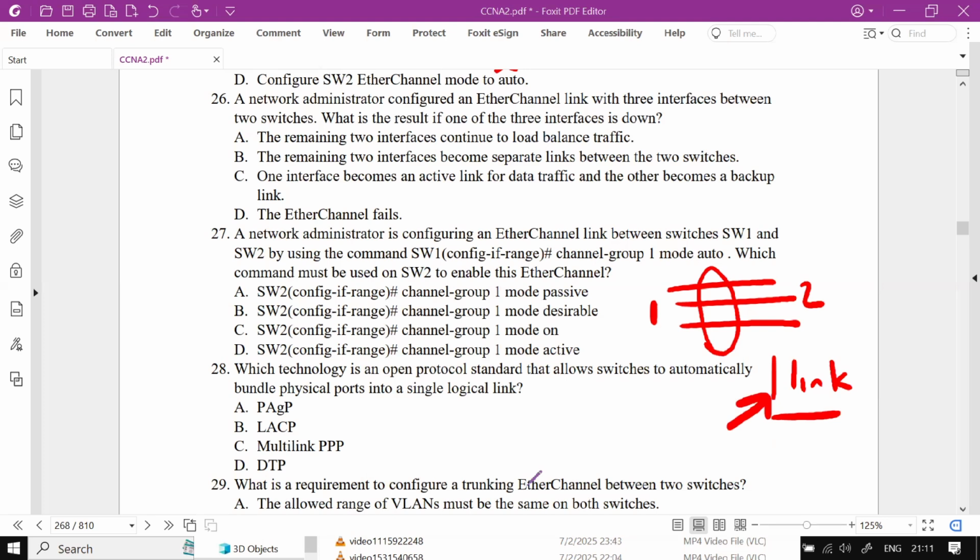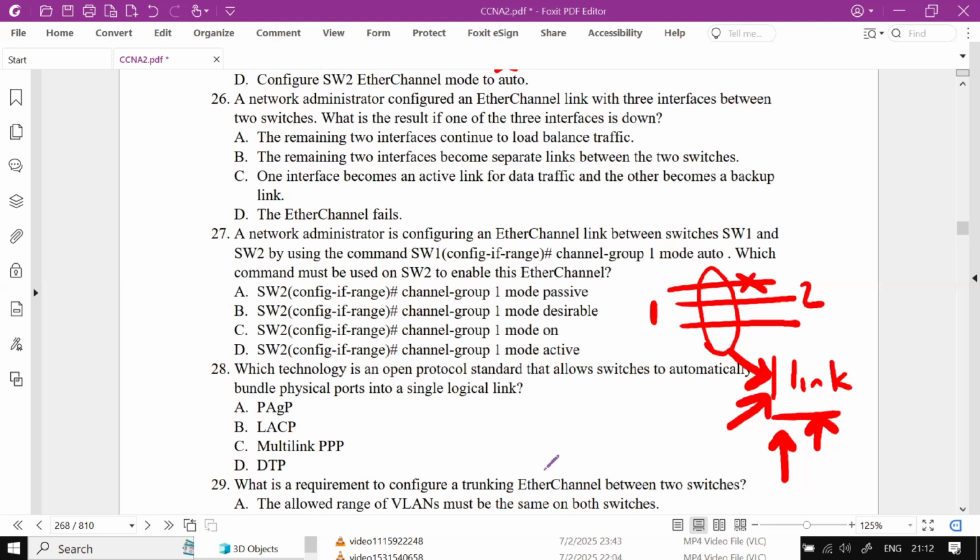In terms of redundancy, it gives redundancy, and STP won't interfere because STP will see one link. That's where the advantages of EtherChannel are. If one of these links fails, the one logical link will continue to work. Is it making sense? So three links are joined and form one logical link, and that logical link offers advantages: bandwidth and redundancy.